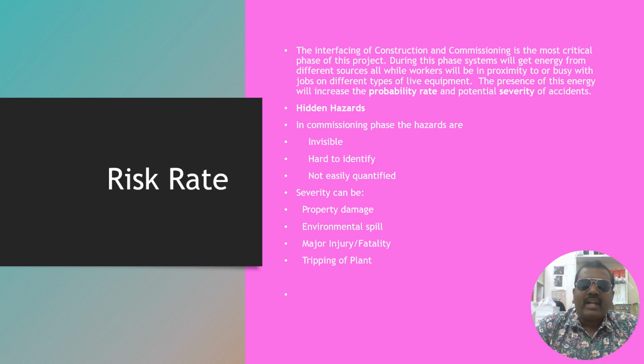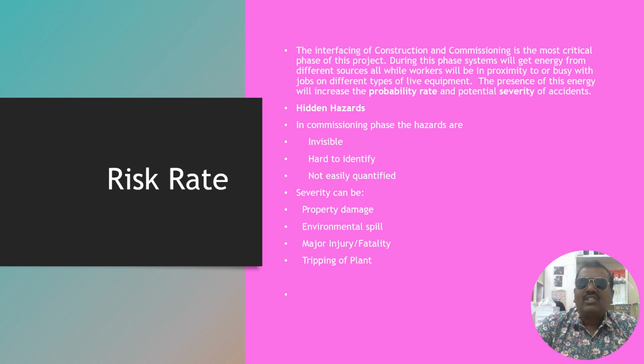So, the risk rate. Whenever you are going to work on a commissioning project, before commissioning, there will be a construction team who started from the ground level in the project.